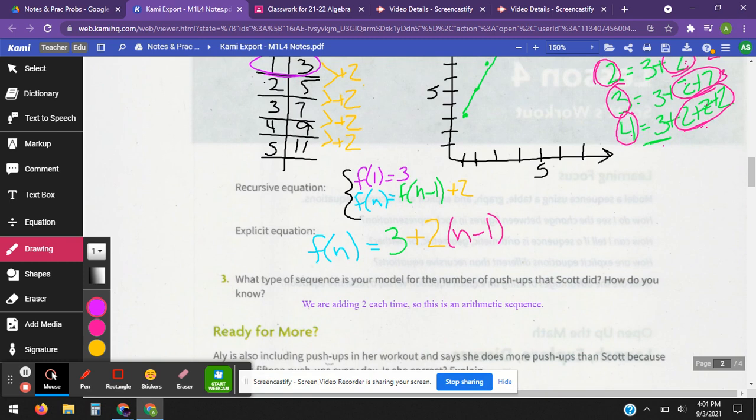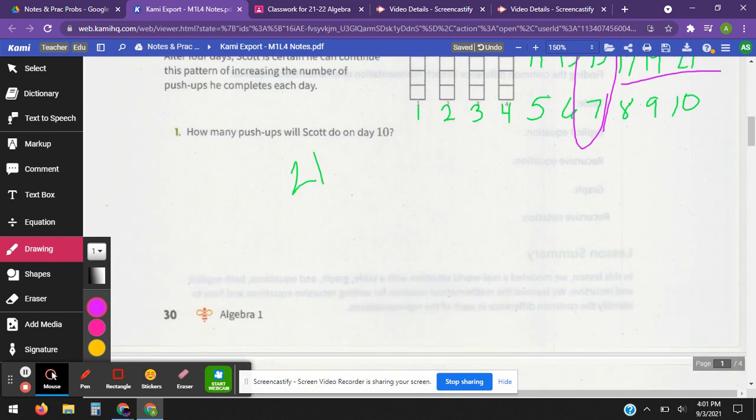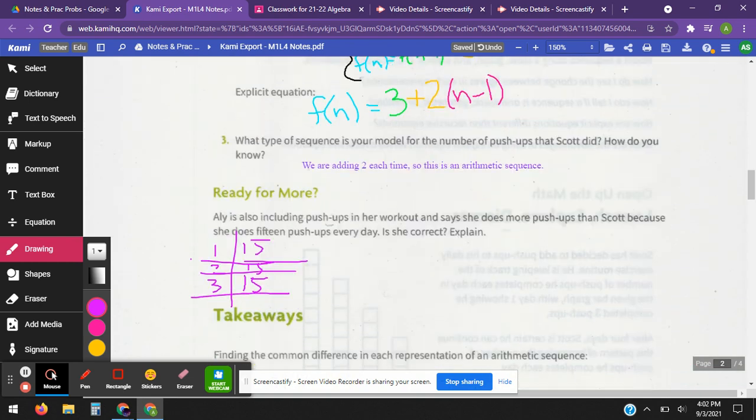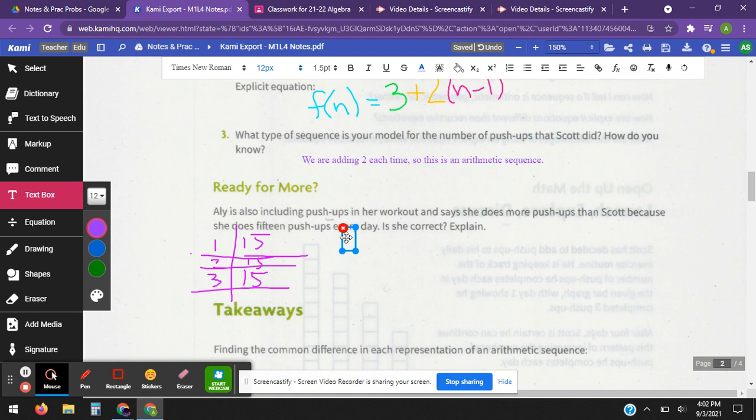But if we go back up to Scott's, by day 7, he's doing 15. But look what he's doing after that. He's going higher. So really on this one, what we would say is Allie does more push-ups the first 6 days.